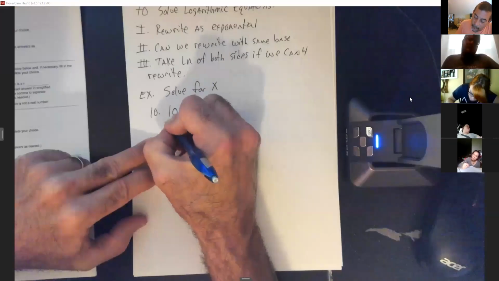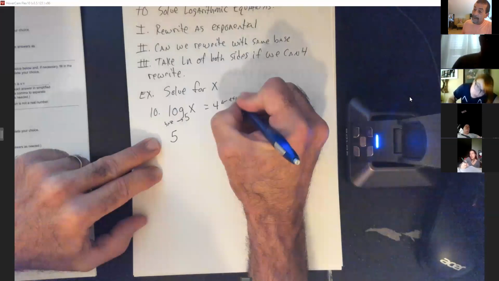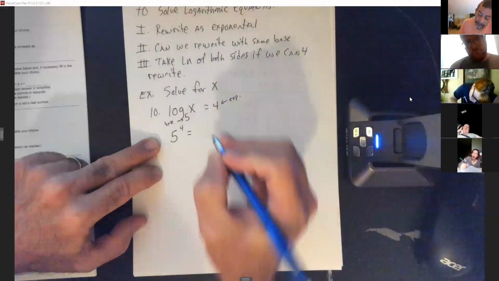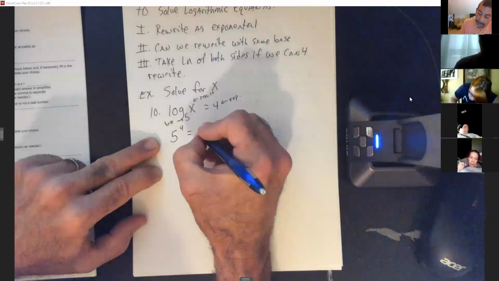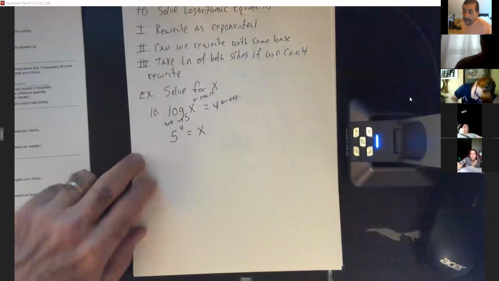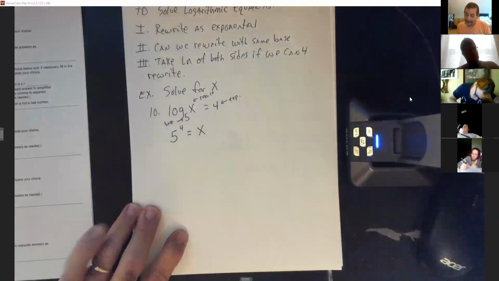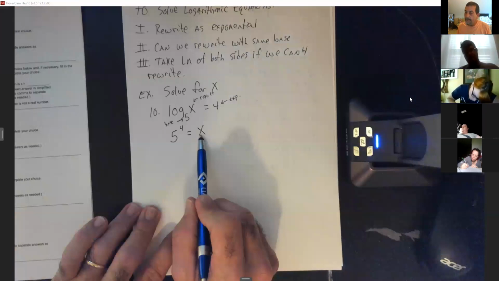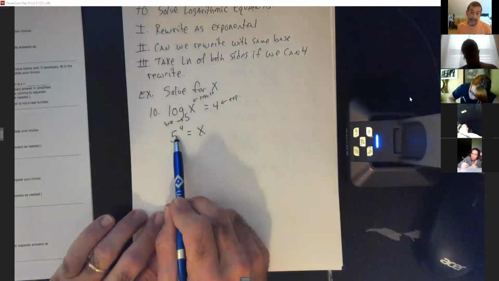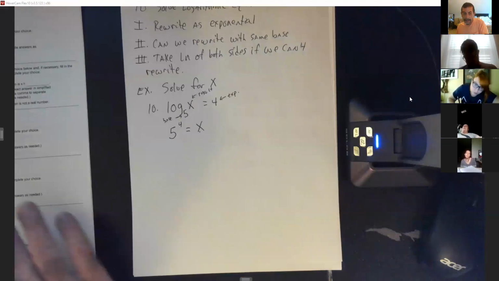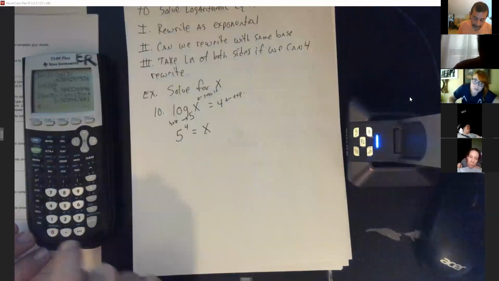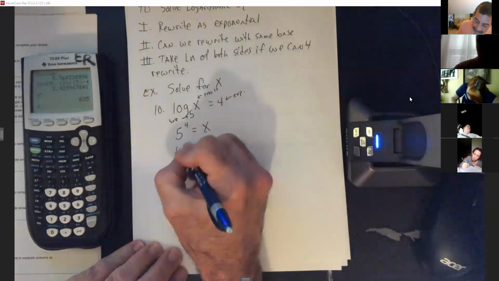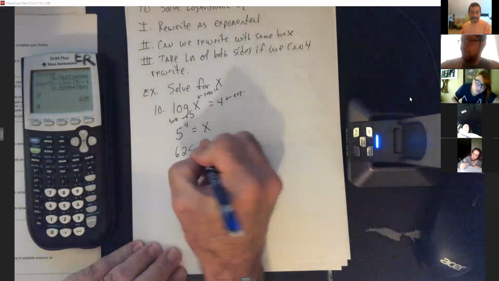Remember, 4 is the exponent, so that's going to give me 5 to the 4th is going to equal the result, x. This one's nice because the variable is the result. To find that, I'm just going to figure out what 5 times 5 times 5 times 5 equals. So let's see what 5 to the 4th equals. 625. So x is 625.